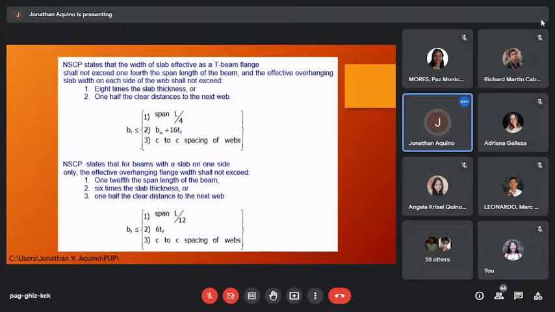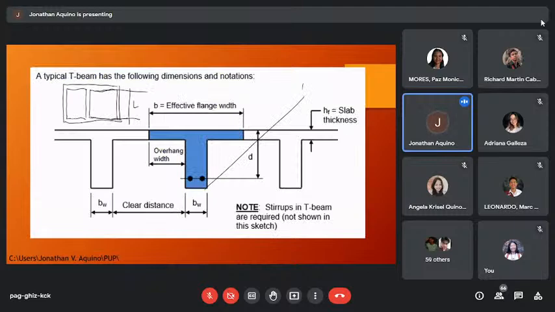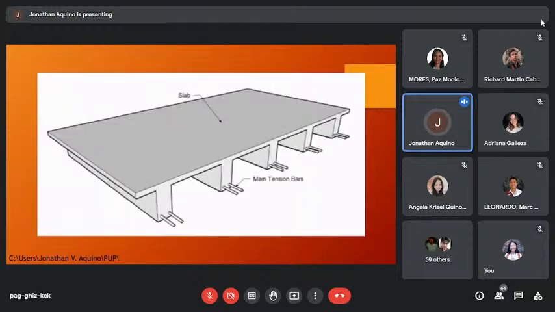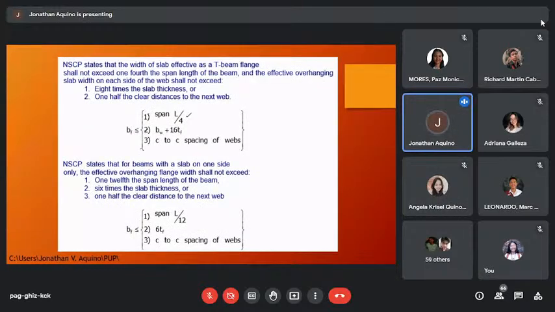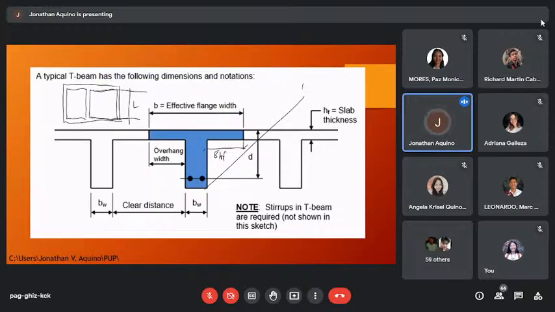So for T-beam, span L/4. So bw plus 8 times slab thickness. So 8 times slab thickness, or just simply bw plus 16 hf. So 8 times slab thickness on both overhangs. Okay, so 16 times slab thickness plus bw.